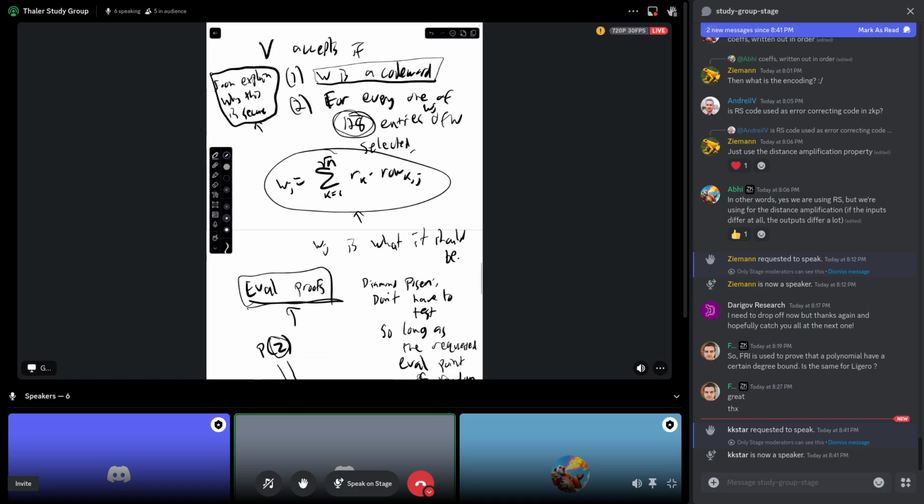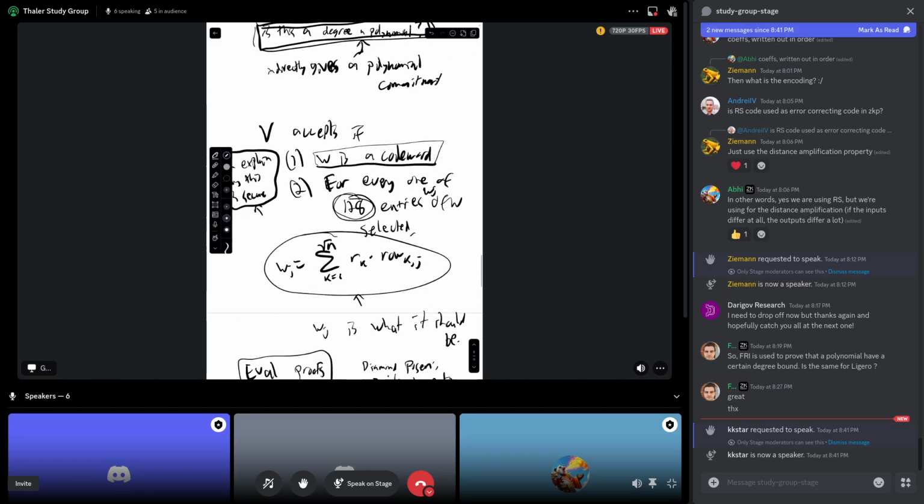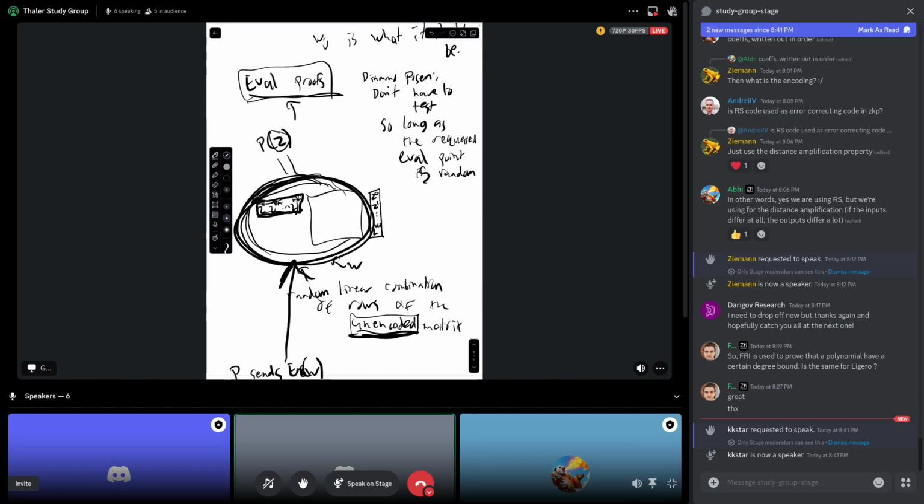In the testing phase, you use the encoded matrix, and in the evaluation phase, it's the unencoded matrix. But in both, the verifier still chooses 128 entries from this W thing. So it doesn't matter that the matrices are different in the two phases then.